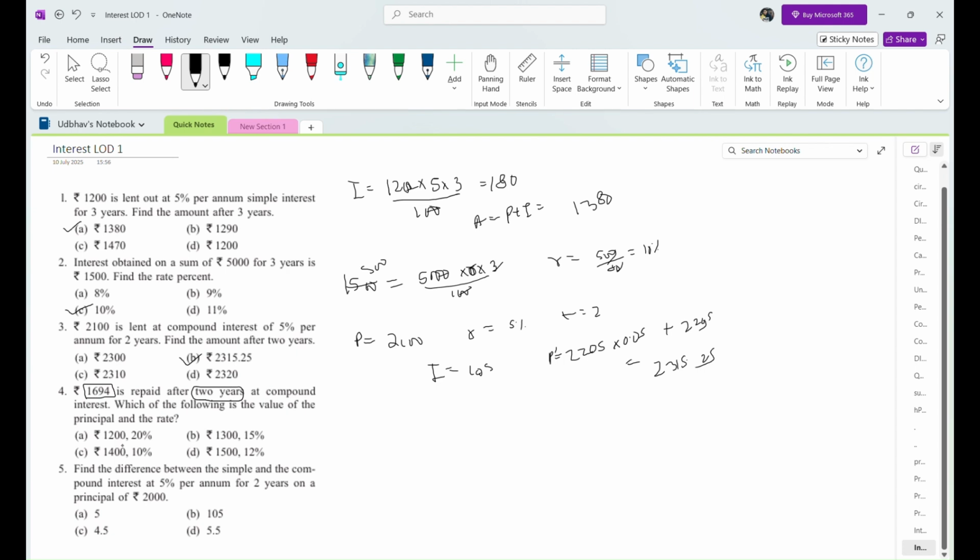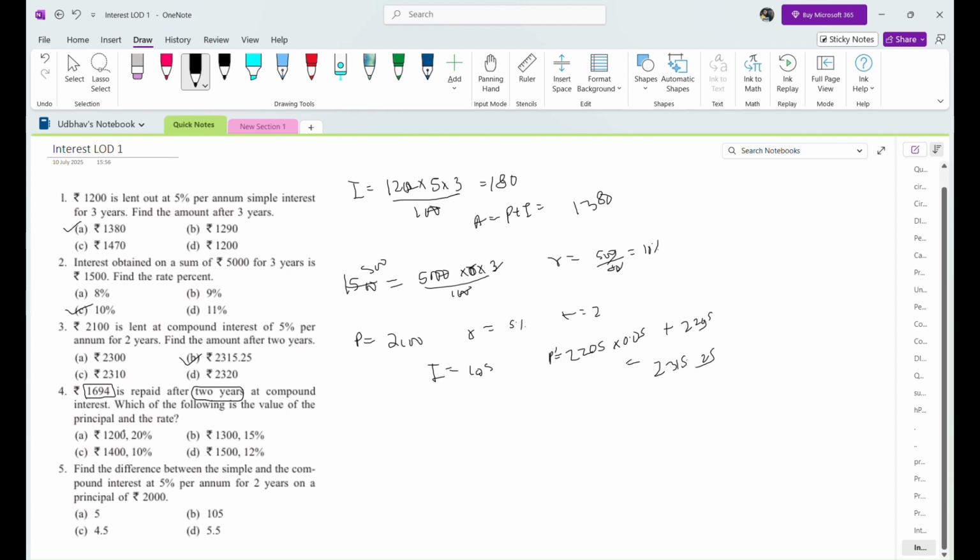If we try the first option for 1200, if we take 20% as the interest for the first year, we'll be getting 240. So 1200 plus 240 will give us 1440 rupees, and on 1440 again 20%, 288 rupees.